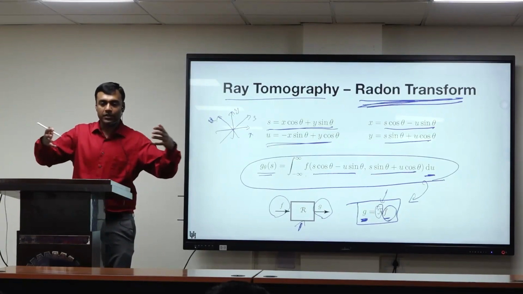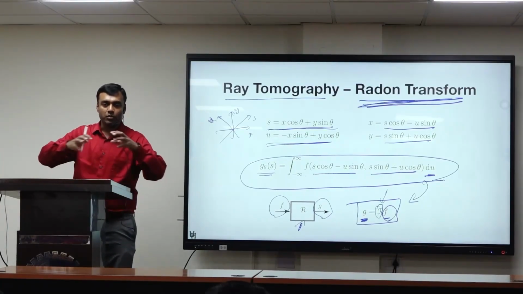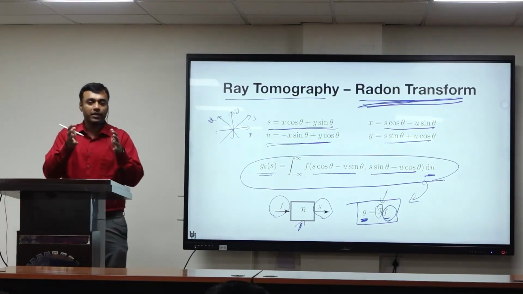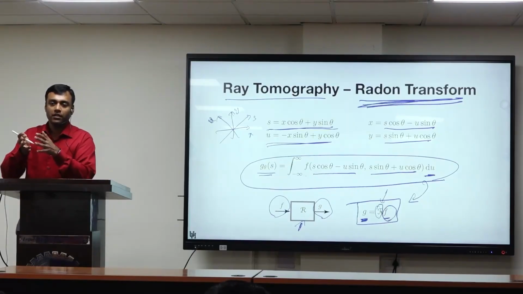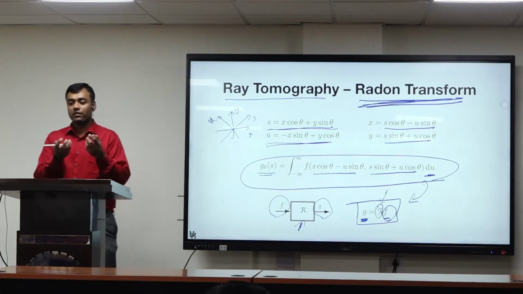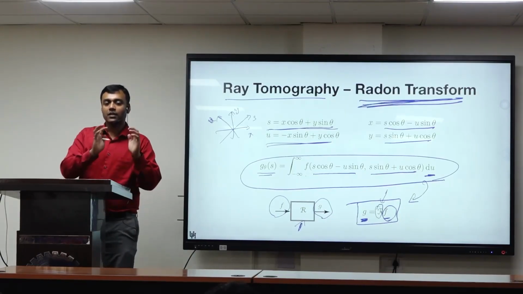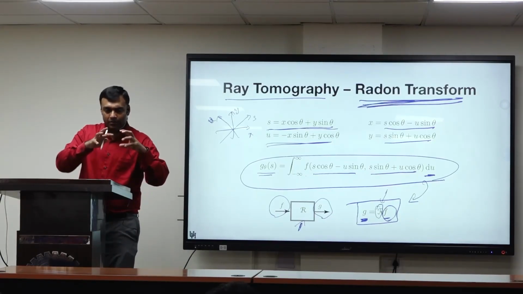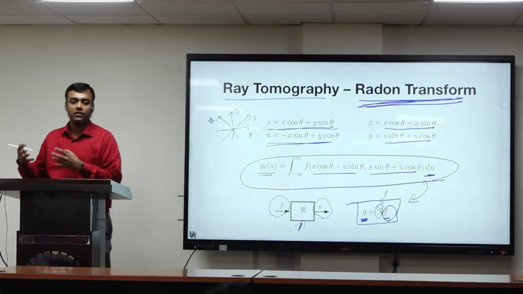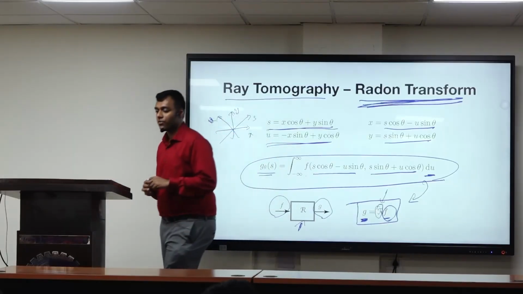There is an instrument which does the measurement, and then you get data. You know something about the instrument, so you model the instrument in some way, and that is an operator acting on the object, which gives you the data. The process of doing the inversion, in other words figuring out what the object is from the data, is to model the instrument and basically do the inverse of what the instrument does, and that way you get the object. And the question is, is there an inverse for the radon transform?